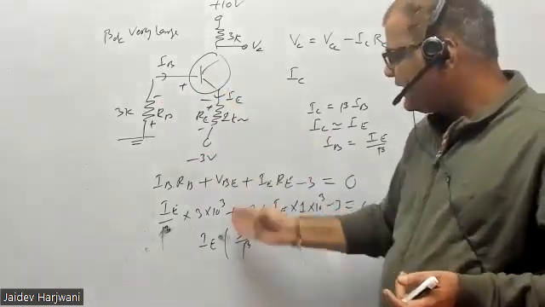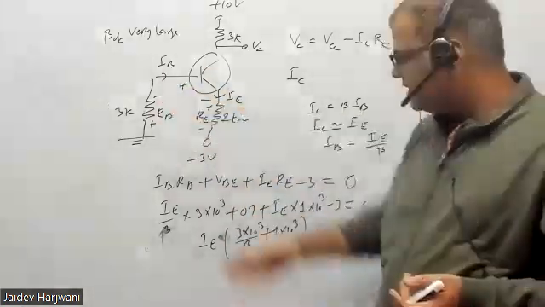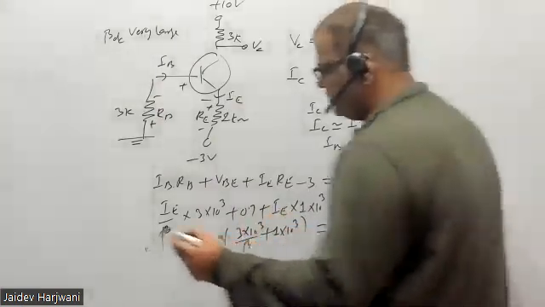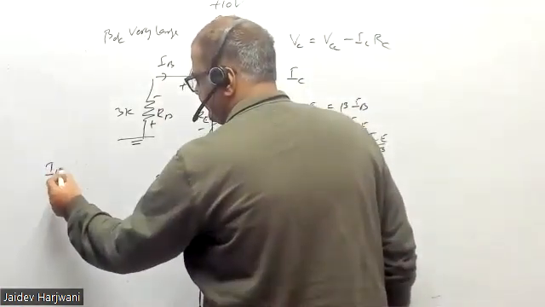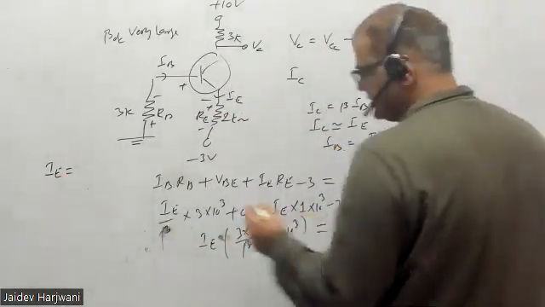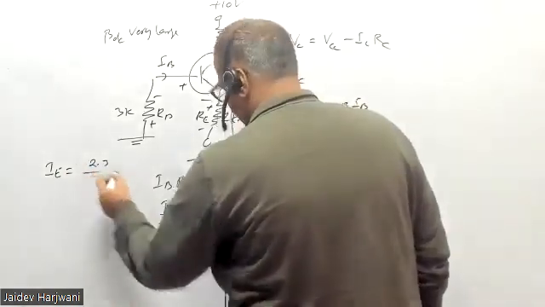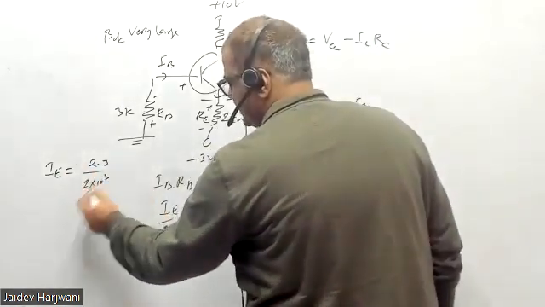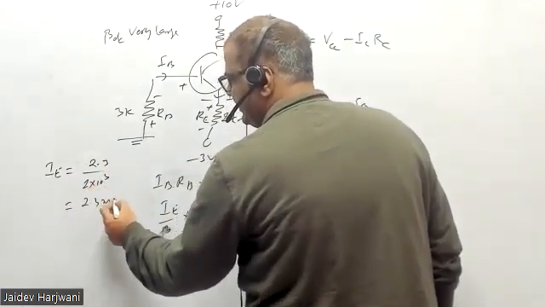So you neglect this term, and IE is almost equal to 3 minus 0.7, which is 2.3, divided by 1 kilo ohm. So this comes to 2.3 milliampere.